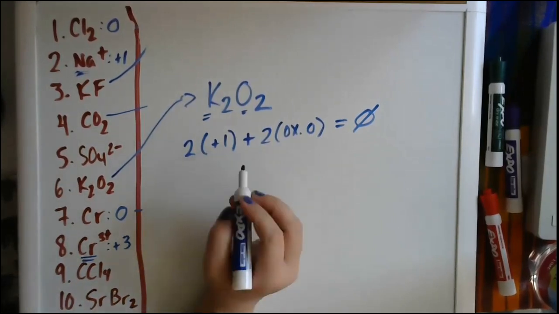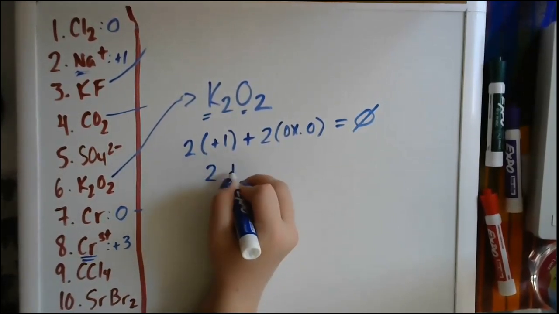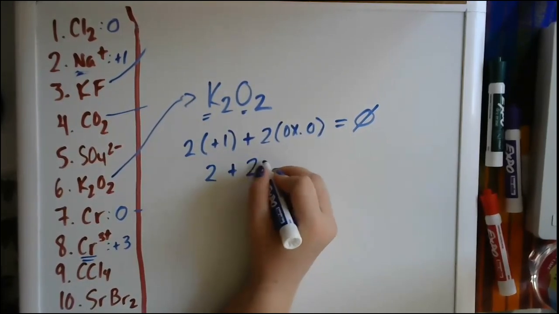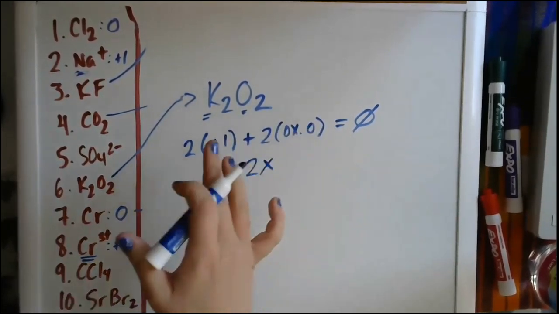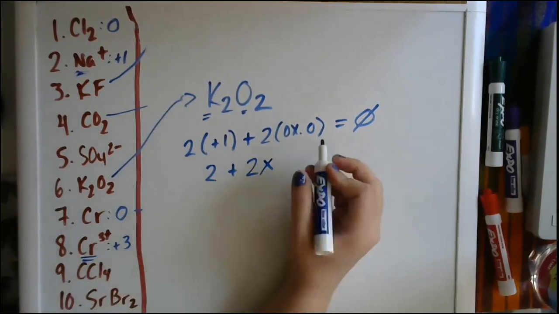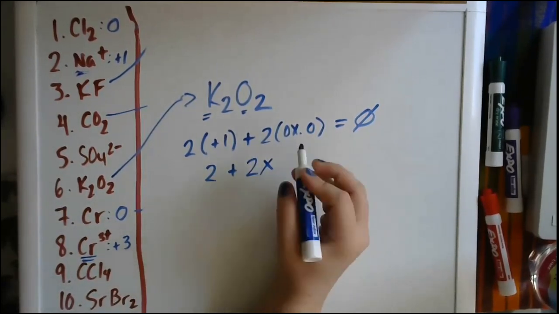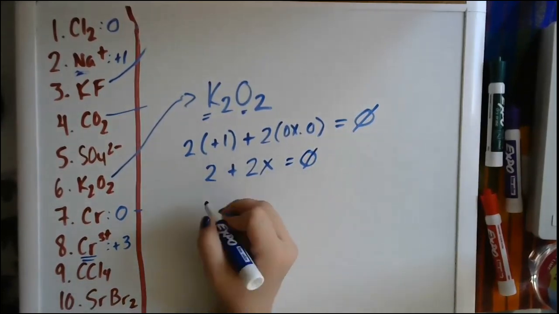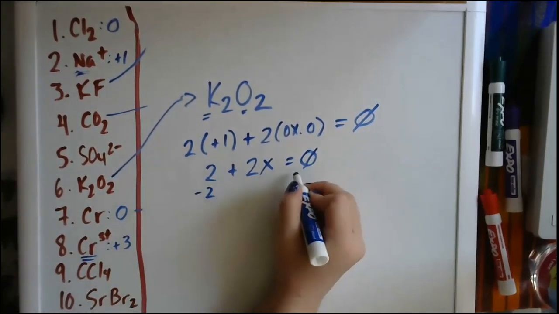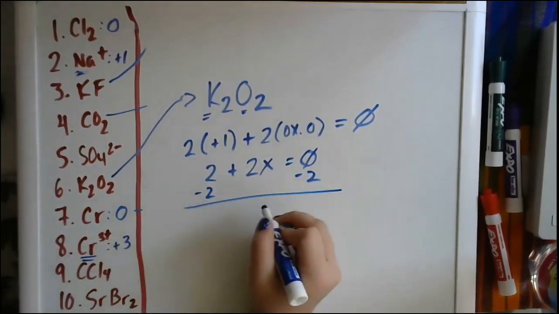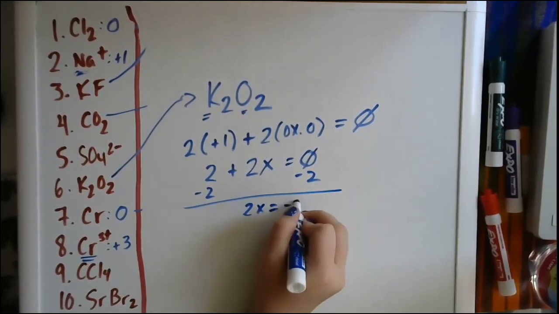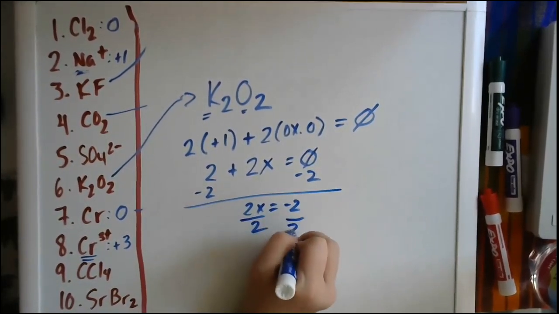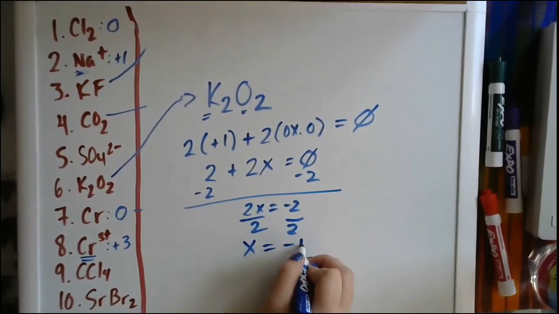So 2 times 1 is 2. We'll call the oxygen's oxidation state x, just because that oxygen notation looks too much like a 0. So 2 plus 2x, when we add these together, has to equal 0. I'm going to subtract 2 from both sides: 2x equals -2, so x equals -1.